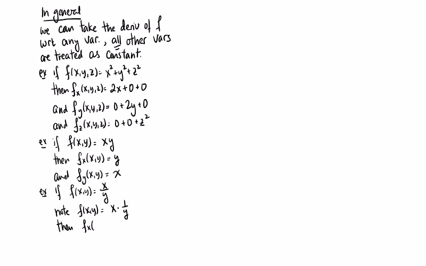Because if we do that, then for f sub x, x is the variable, so 1 over y is constant, so the derivative is that constant. And for f sub y, x is the constant, it's multiplied, so it stays there. And then the derivative of 1 over y is negative 1 over y squared. This could be simplified to negative x over y squared.